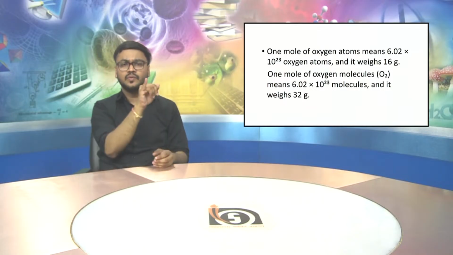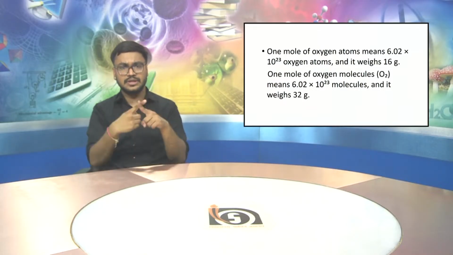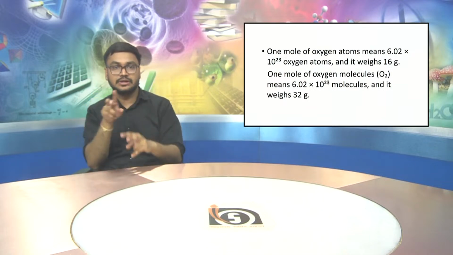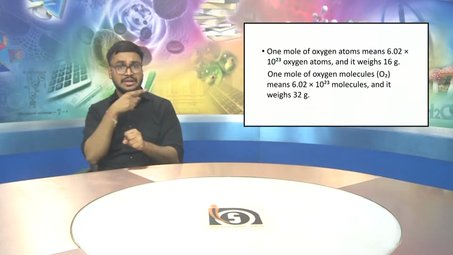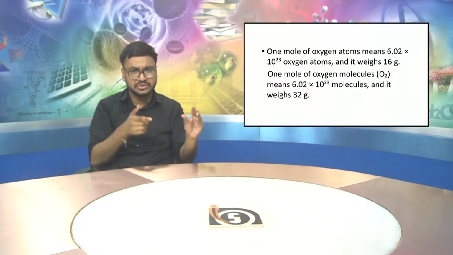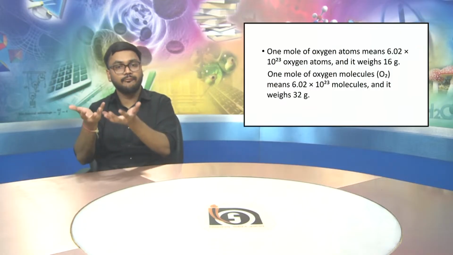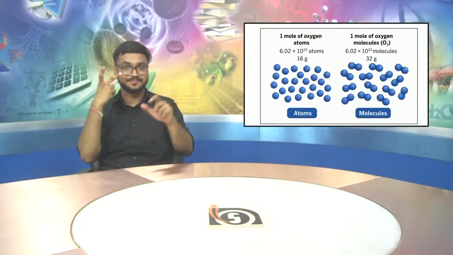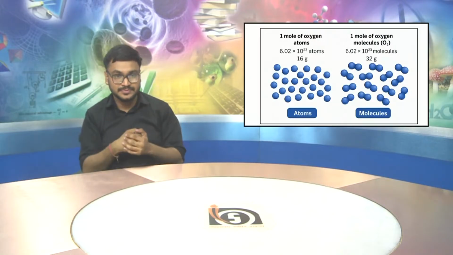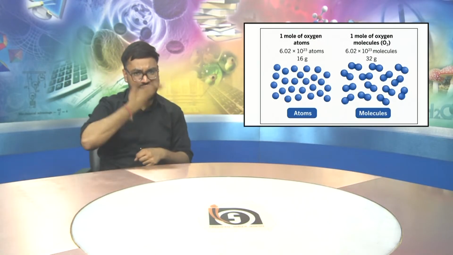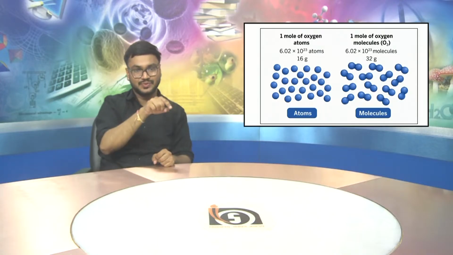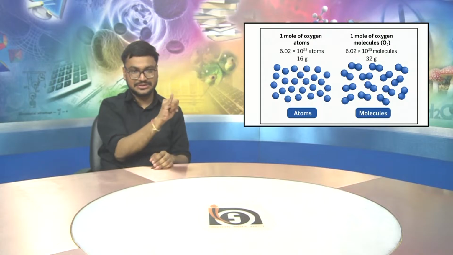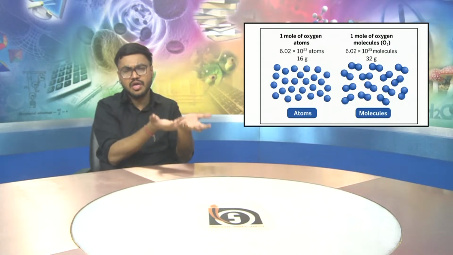And 1 mole of oxygen molecules O2 means 6.02 × 10²³ molecules, and its weight will be 32 gram. There is a picture showing 1 mole of oxygen atoms and 1 mole of oxygen molecules.